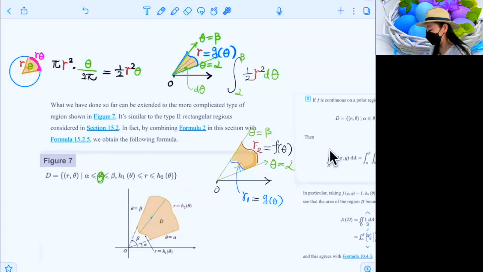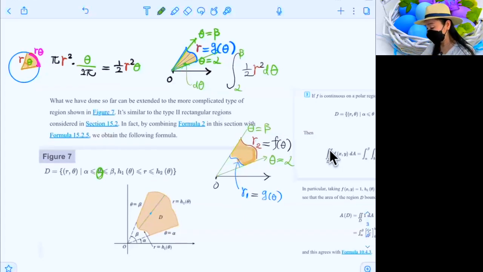For this one, it's going to be the big sector subtract the small sector, like the big piece of the pie minus the small piece of pie. We take the first formula with the outer radius substituted in, and subtract the second with the inner radius, and you will get the area.